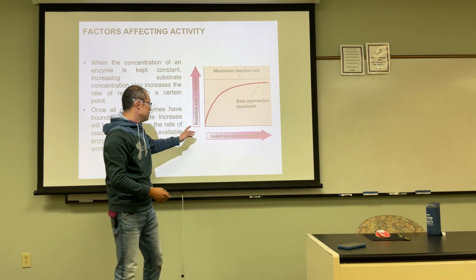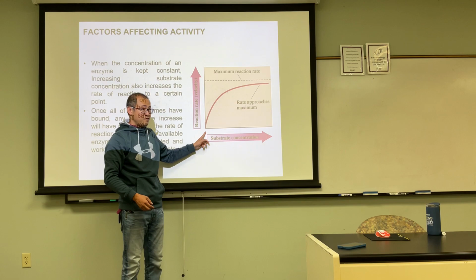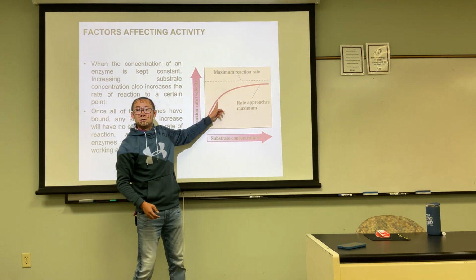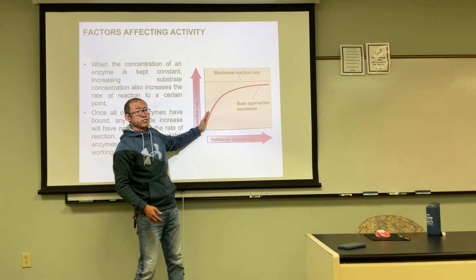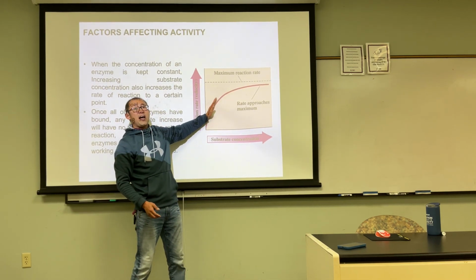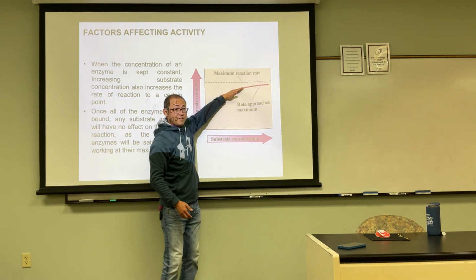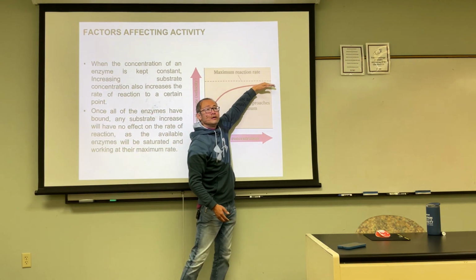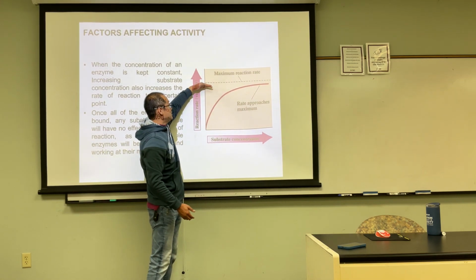So, for the substrate effect on enzyme activity, the chart is curved. It means as substrate concentration increases, the enzyme activity is going to increase fast, but gradually slow down, and eventually reach the highest activity.